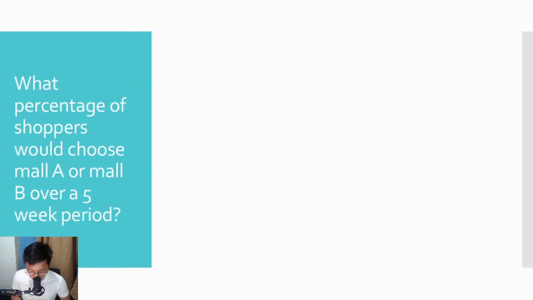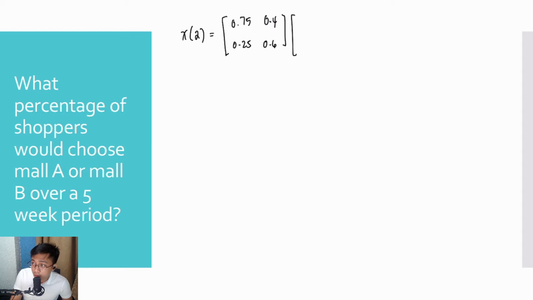So if you want to observe what will happen over a 5-week period, this is what will happen. We want to get x of 2, or after 2 weeks, so we will still use the same matrix, 0.75, 0.25. We will now multiply it to the vector of x of 1, which is 0.5225 and 0.4775.